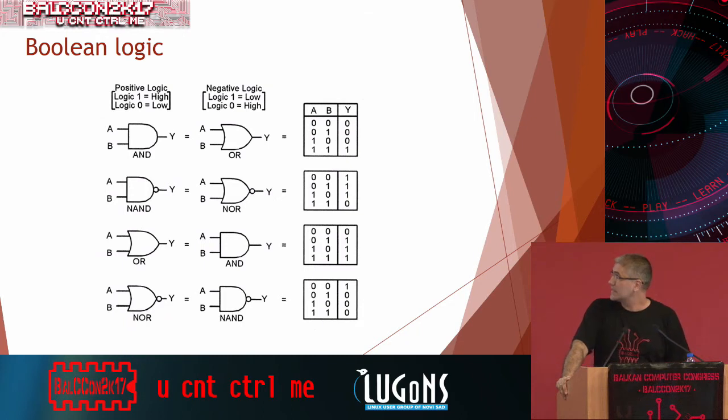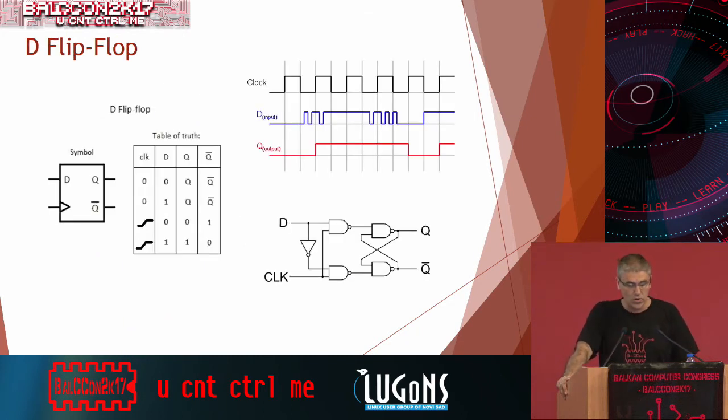The next thing we need to be aware of is flip-flops. Basic flip-flops are just simple memory elements. They hold 1 bit of information. We need to know how they function, because we need them as a building block in our architectures. As we see here, the most used one is the D flip-flop, which has one data input, and a second input, which is a clock.